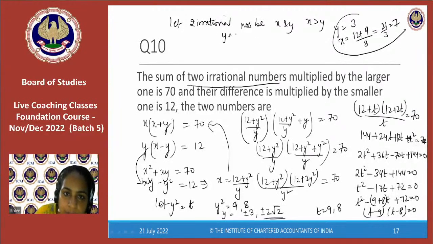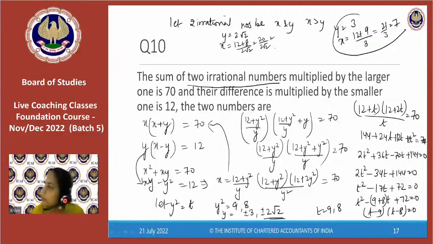So y being 2 root 2, your value of x will be 12 plus 8 by 2 root 2. That is 20 by 2 root 2. That is 10 by root 2. We can always rationalize. So we get this as 5 root 2. So your answer is 5 root 2 and 2 root 2.